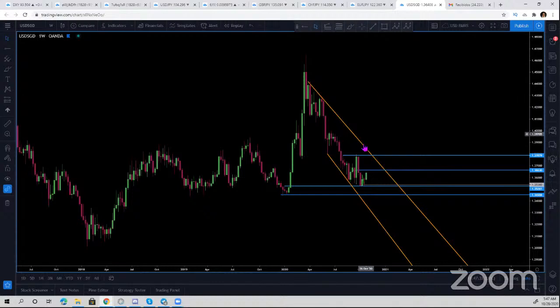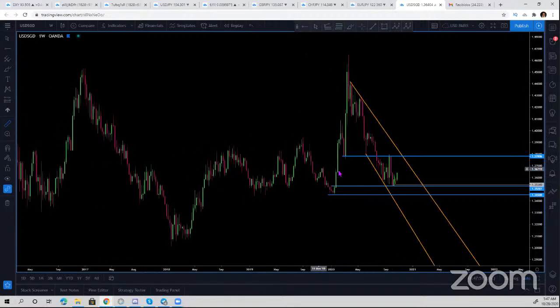I'm just going to delete this because this is the weekly. But I do believe that the next really hard level to break for bulls is going to be this, right? You agree? Yep, that would make sense. Yeah, it's near the top of the channel also.